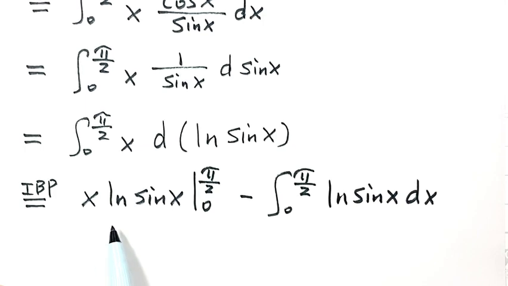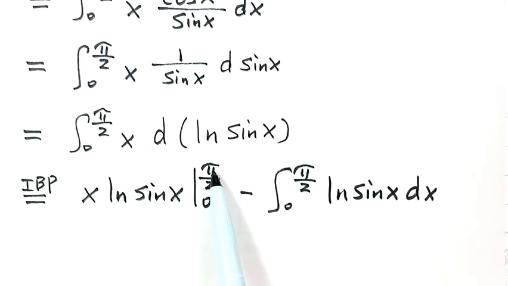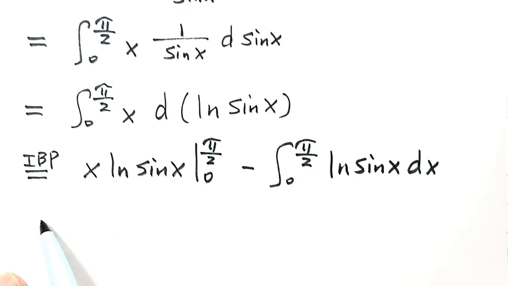Now let's look at this part. If we plug in the upper bound pi over 2, sine pi over 2 is 1, then log 1 is 0. So this one is 0. Now let's plug in the lower bound 0. That means this part just equals 0.